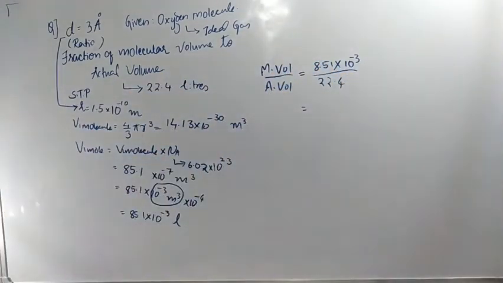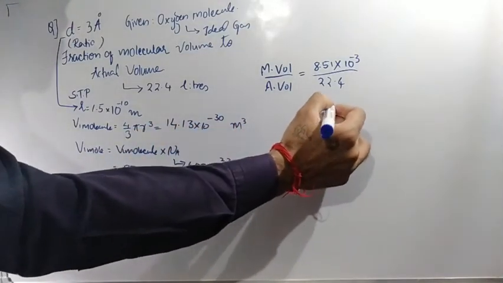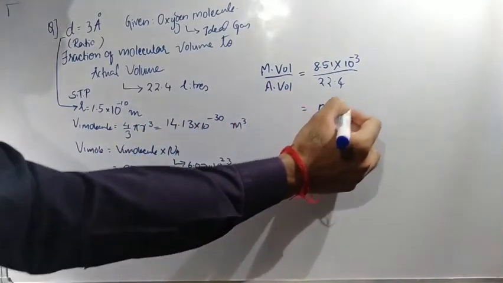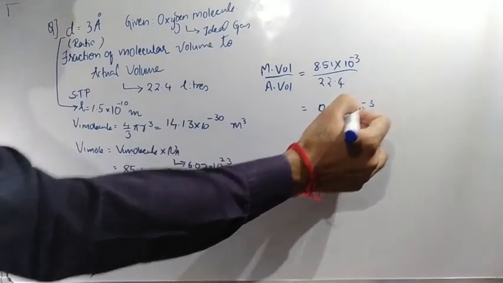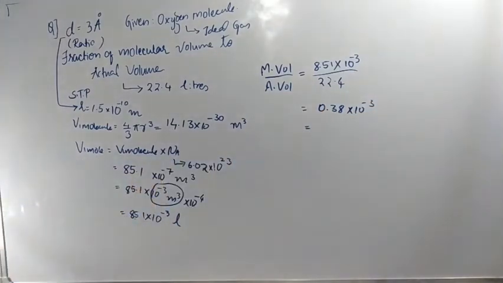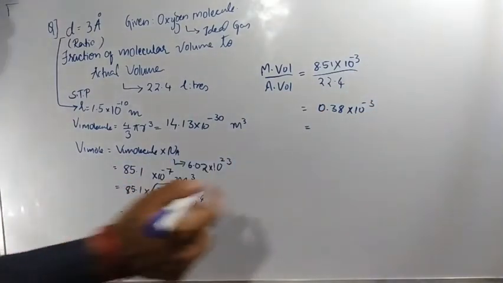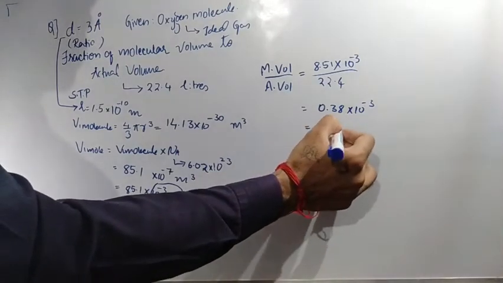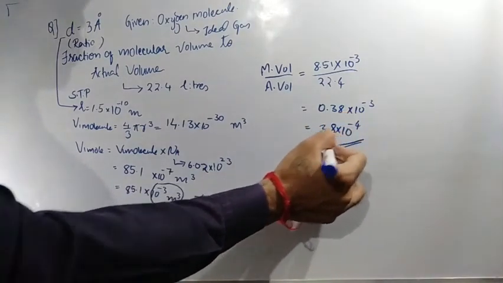So 8.51 divided by 22.4, if you calculate, nearby you are going to get how much? 0.38 into 10 to the power of minus 3, or you can write it as 3.8 into 10 to the power of minus 4.